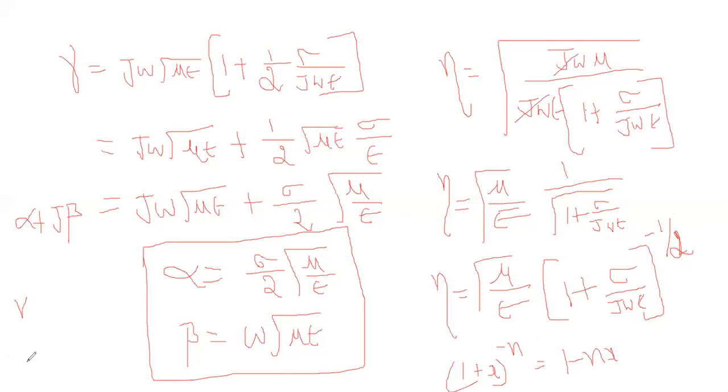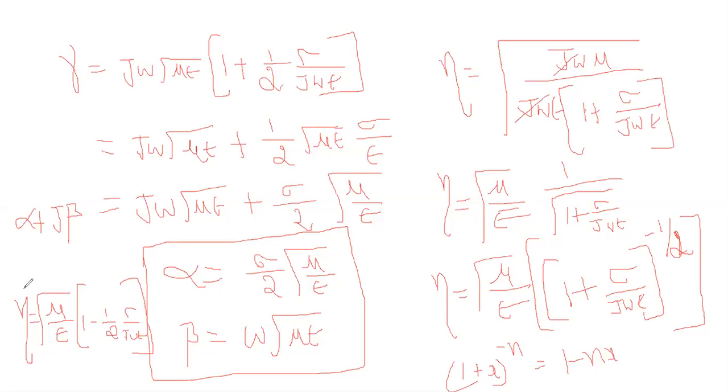So now eta is equal to, we got, under root of mu by epsilon, and for this function apply the binomial theorem: 1 minus nx, where 1 is a multiplication factor, n is 1 by 2, and x is sigma by j omega epsilon.